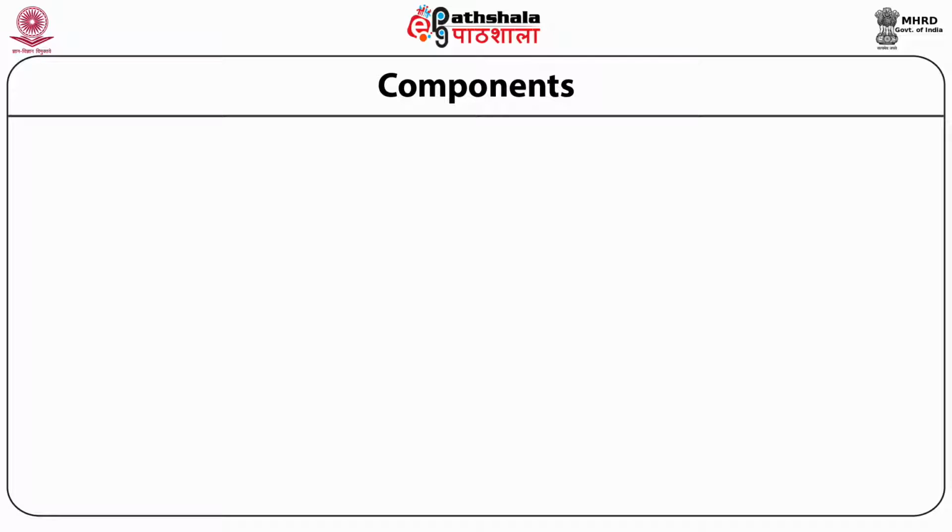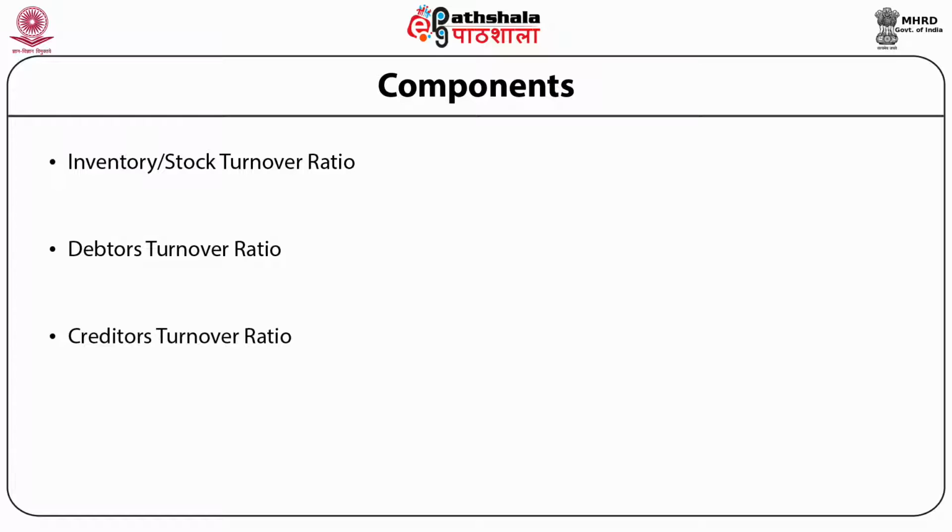There are four types of efficiency ratios. First, inventory or stock turnover ratio. Second, debtors turnover ratio. Third, creditors turnover ratio. Fourth, working capital turnover ratio.